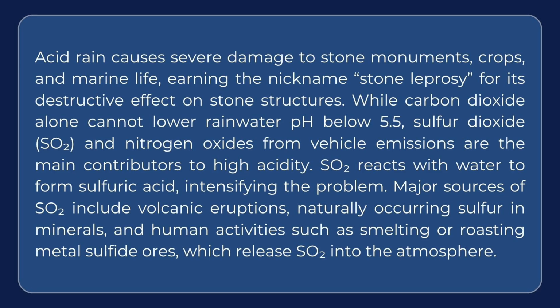Yung mga major sources nga pala ng sulfur dioxide, nag-include to ng volcanic eruptions, naturally occurring sulfur in minerals, and human activities such as smelting or roasting metal sulfide ores, which then release sulfur dioxide into the atmosphere. So, for better visualization guys, tignan natin yung diagram sa next slide.